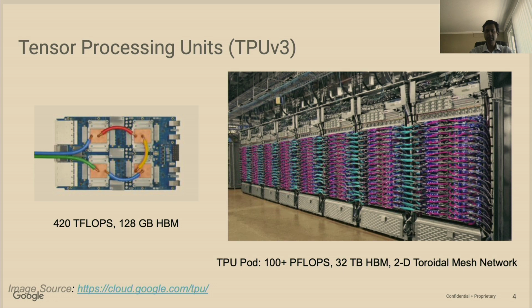And this card can achieve a peak mixed precision floating point throughput of 420 teraflops with 128 gigabytes of high bandwidth memory. These cards can be scaled out and connected in a pod configuration that is shown in the right picture. A TPU pod has over 100 petaflops of mixed precision compute, 32 terabytes of HBM, and it's interconnected in a 2D torus. The cables you can see are the TPU torus cables.